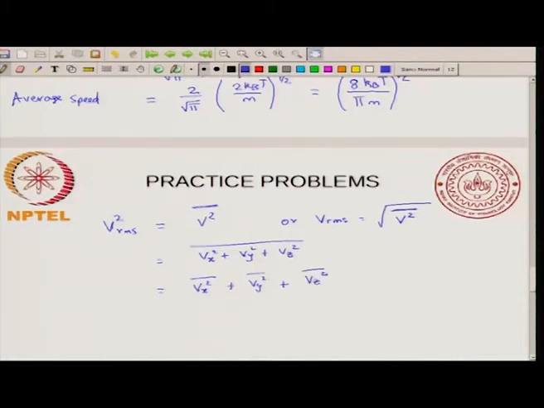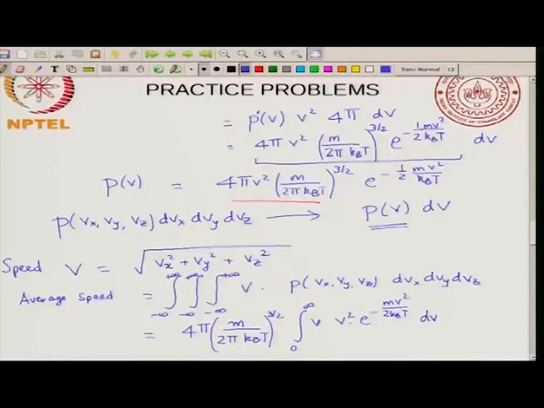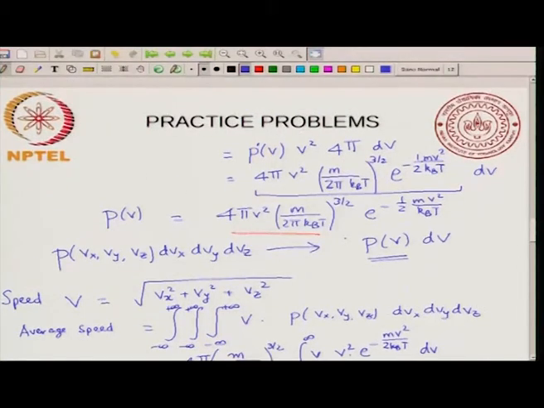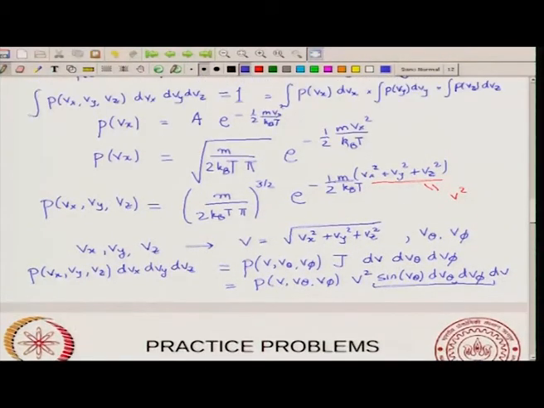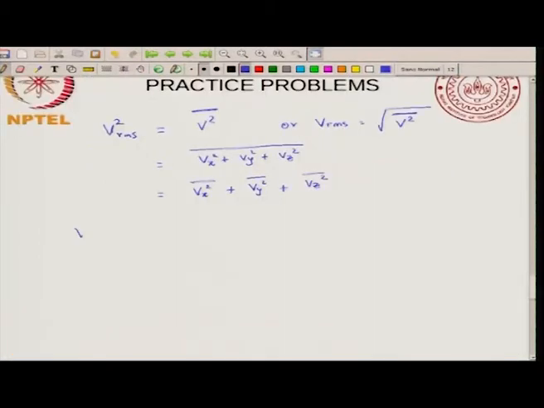Now, if you look at the Maxwell-Boltzmann distribution of velocities, the 3 directions are identical. There is nothing that distinguishes x, y and z. Whatever you get for the average of Vx square, you will get the same for the average of Vy square and the average of Vz square. So, I can go ahead and calculate the average of Vx square.